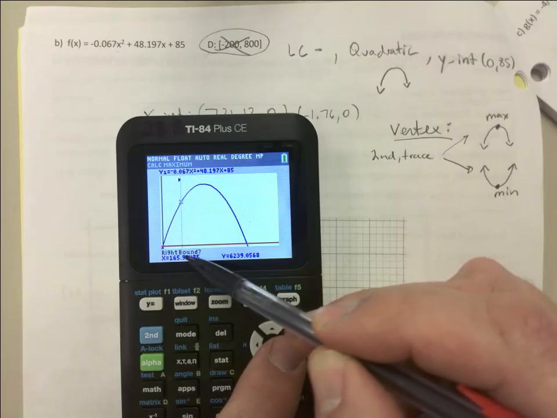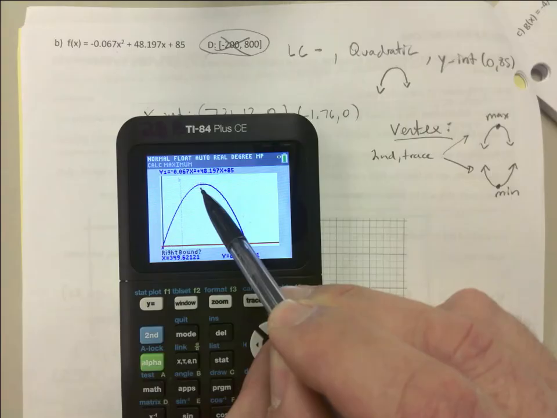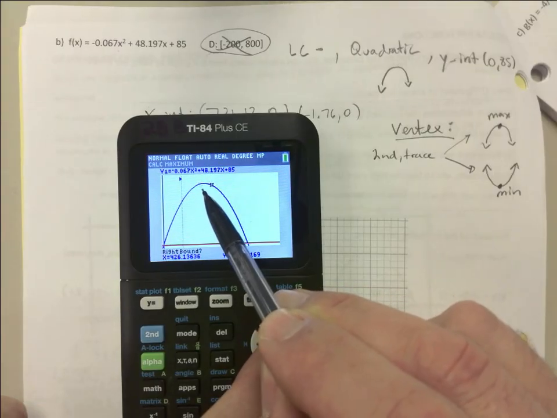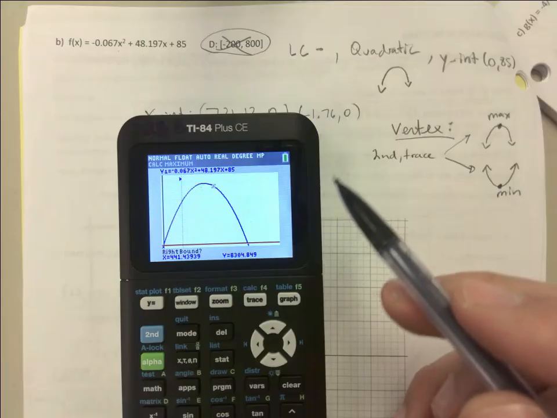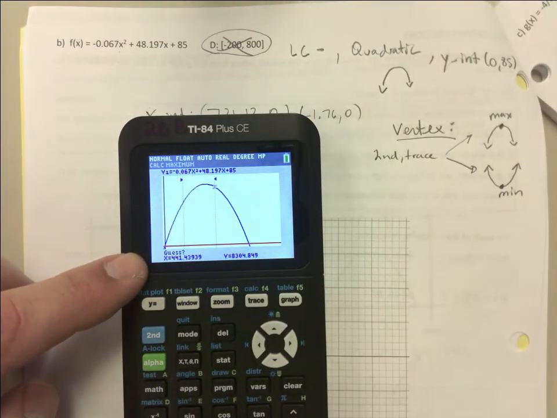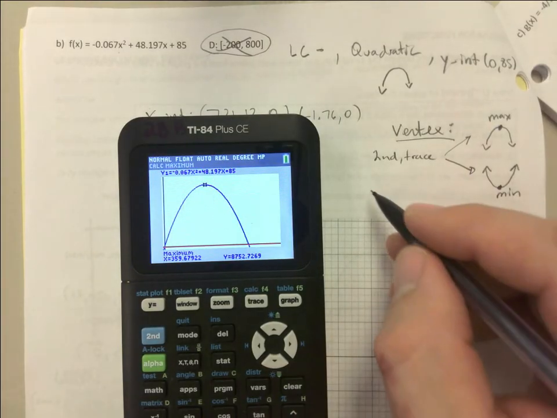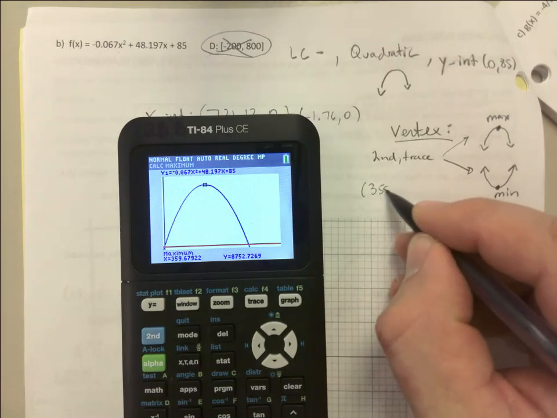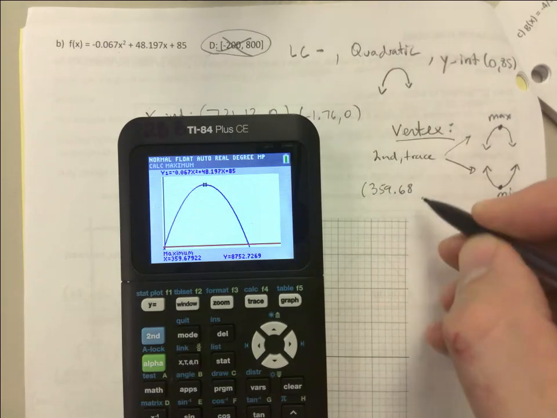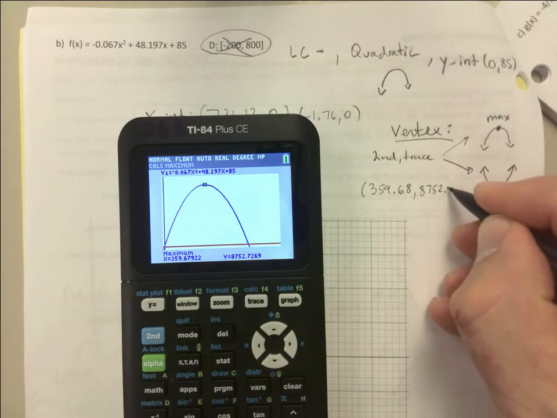Then it asks you, give me a right boundary. Go over to the right, anywhere to the right is good enough. Hit enter again. And when it says guess, we always hit enter. Then it will start looking for it. So there it is. 359.68, 8,752.73.